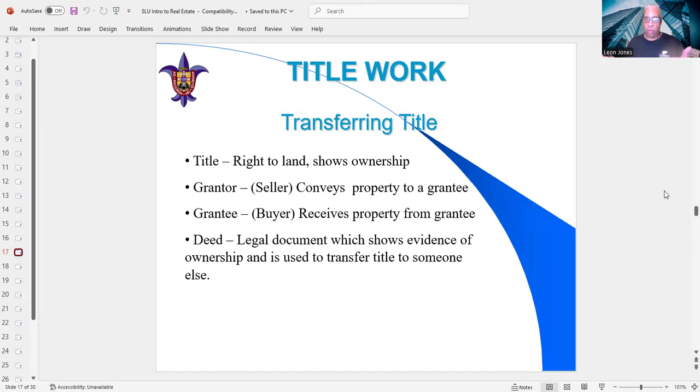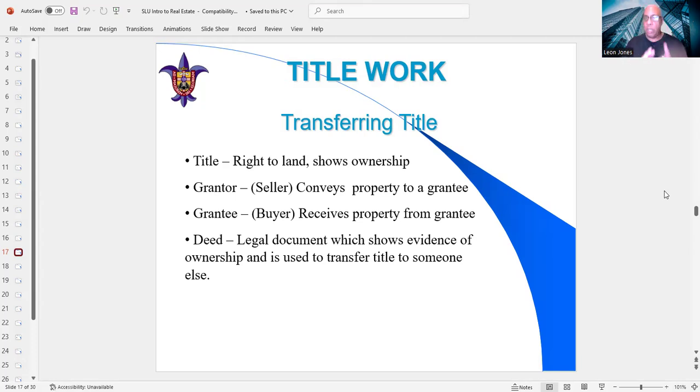But once it's all said and done, you got to have the deed. And a deed is a legal document which shows evidence of ownership, and it is used to transfer title to someone else. So the grantor has the title. And once the grantor sells the property to the grantee, the title goes to the grantee.